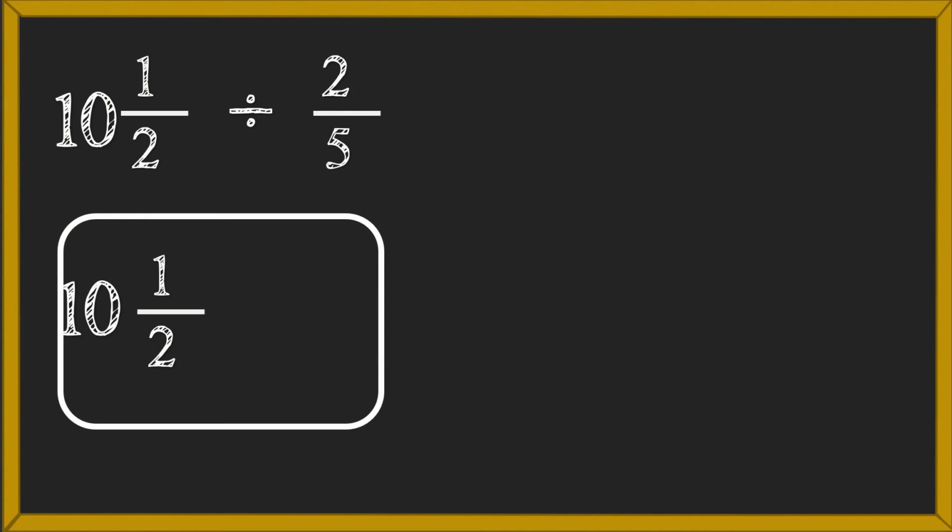Multiply the denominator to the whole number. 2 times 10. That is 20. And add the product to the numerator. 20 plus 1 is equal to 21. And copy the denominator. So the improper fraction now will be 21/2. And since the divisor is a proper fraction, no need to do anything with it.